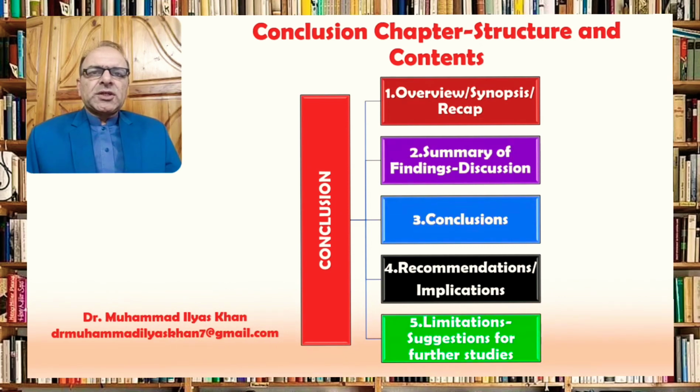The findings are generally arranged in line with the order of the research objectives. So, for example, findings with reference to objective number 1, findings related to objective number 2 of the research, findings related to objective or research question number 3, or hypothesis number 1, 2, and 3.